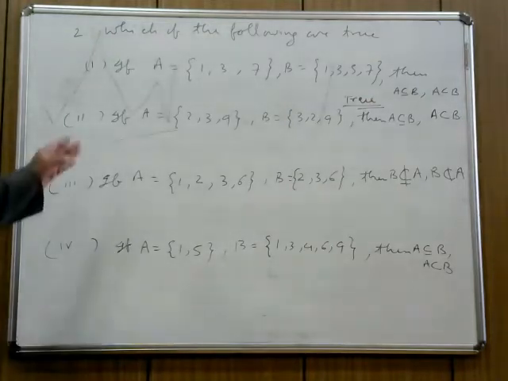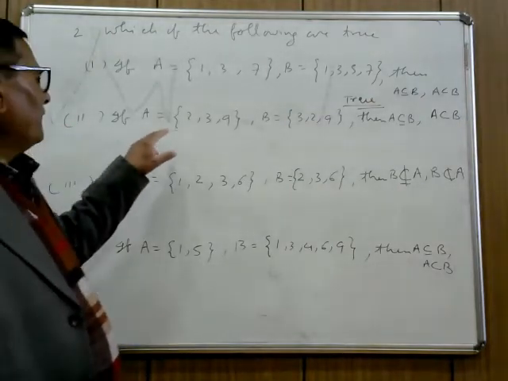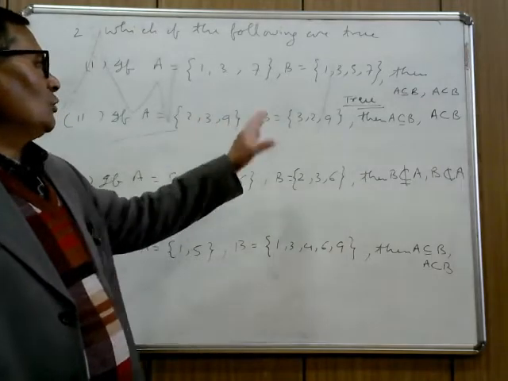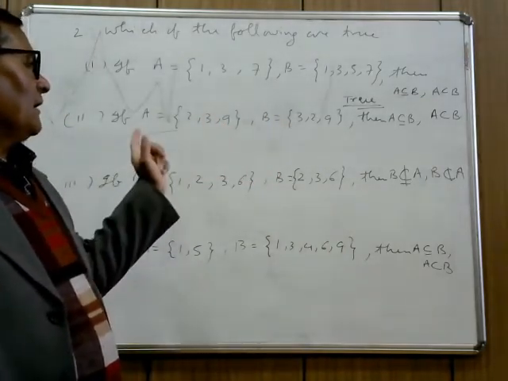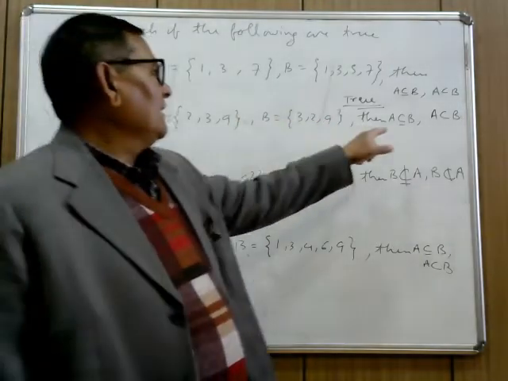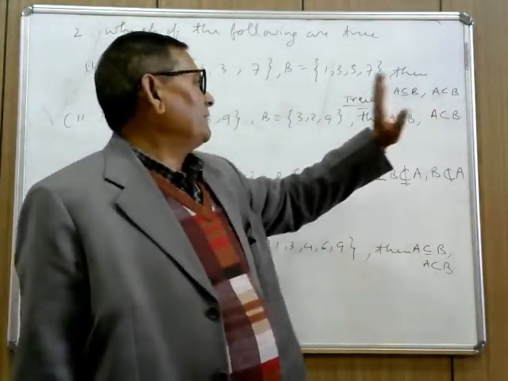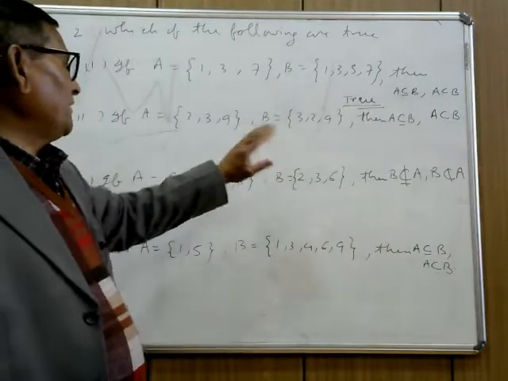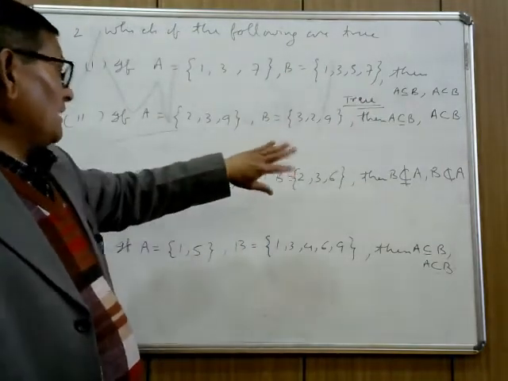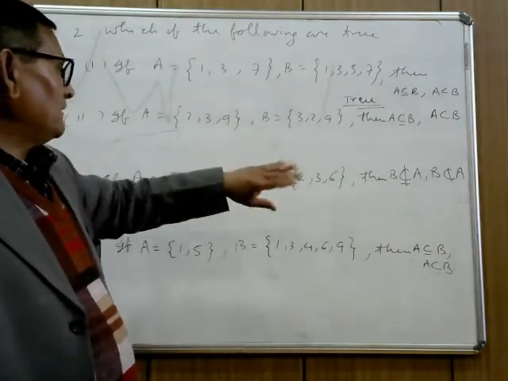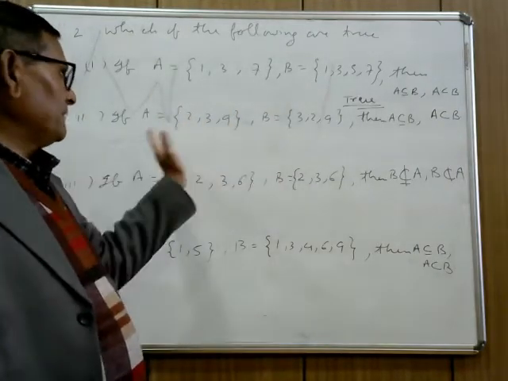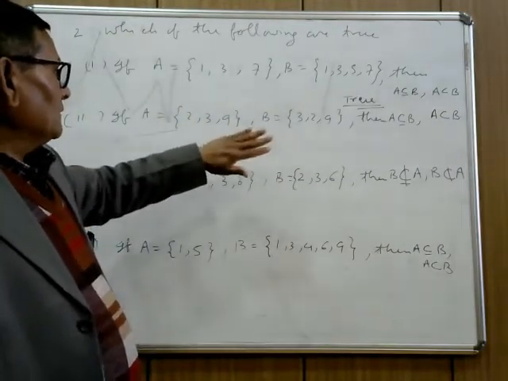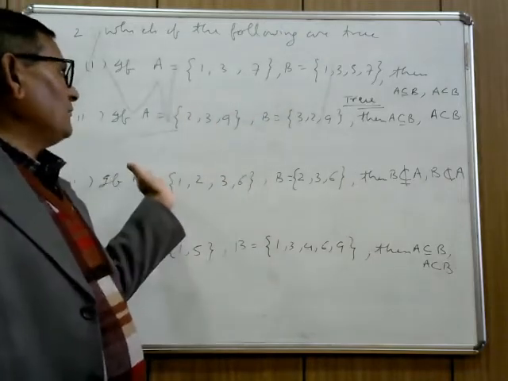Now you come to the second part. The elements of A are 2, 3, 9 and of B are 3, 2, 9. The elements are identical, but you are given that A is a subset of B. The elements of sets A and B are identical, but their order is made different. That doesn't matter. The elements are the same. So this follows the definition of equal sets.